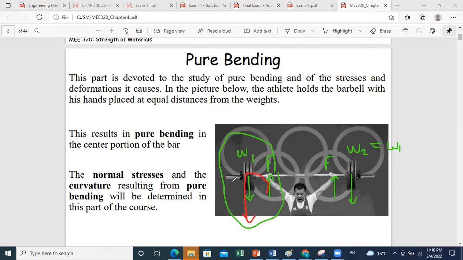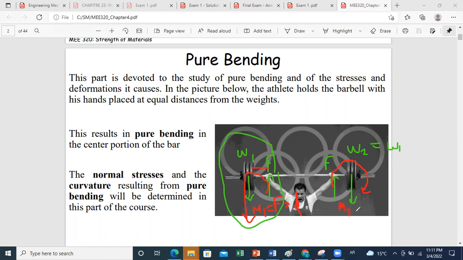And this couple is equal to M1 equal to F times this distance here. And of course, F will be equal to W1 for equilibrium purposes. And you have also that this F and W2 will produce a clockwise couple, M2 equal to M1.